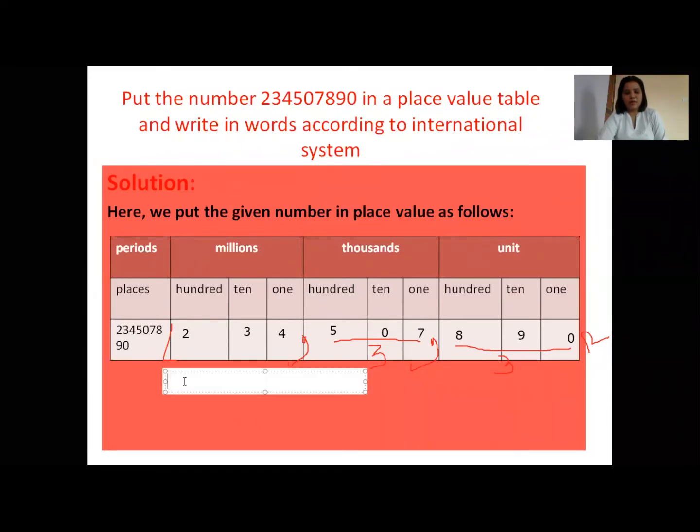Now we'll read the number as 234 millions, 507 thousands, and 890.